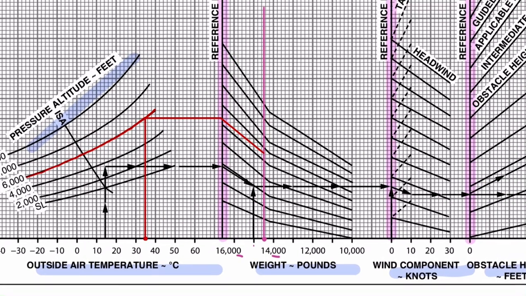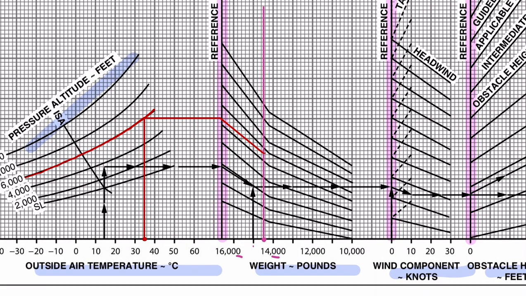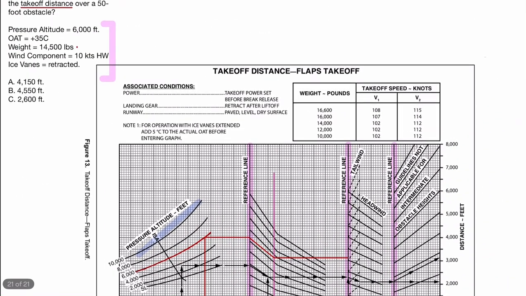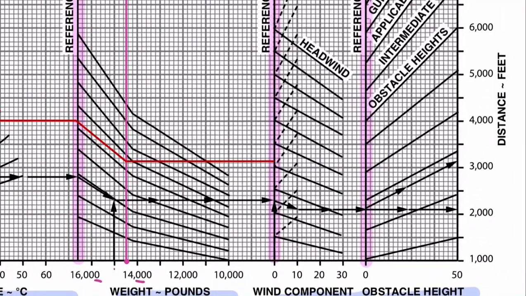Then I'm taking that reference line straight over across to my next line here. Now I'm accounting for headwind or tailwind. It says that my wind component is 10 knots of headwind. So yet again, I'm going to draw my own reference line here at 10 knots. And for a headwind, I'm going to bring that line down.